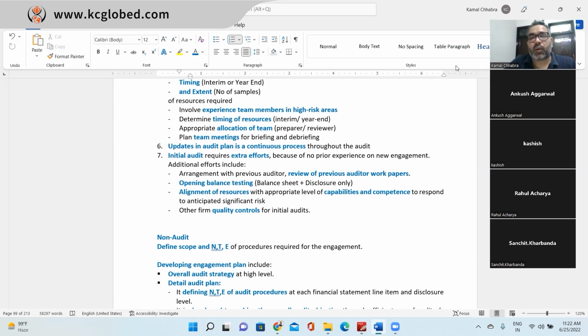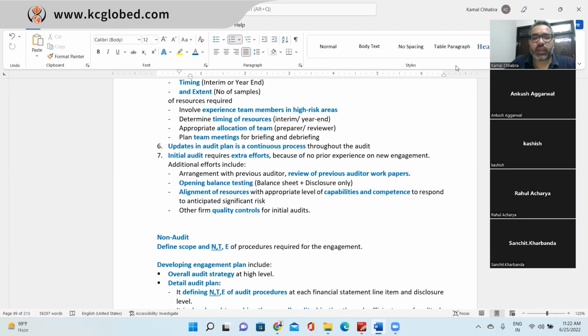When you are giving the audit report, you will be giving a report on the comparative financial statements. As you are reporting on them, it's your responsibility to have an understanding or comfort on the opening balances, or else you can disclaim in your opinion that we have not conducted any audit procedure on the opening balances, and the opening balances have been audited by the predecessor auditor.